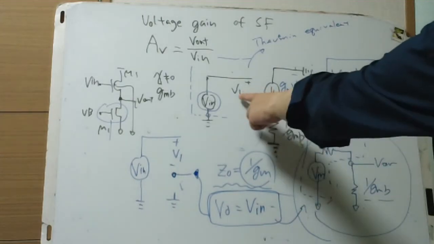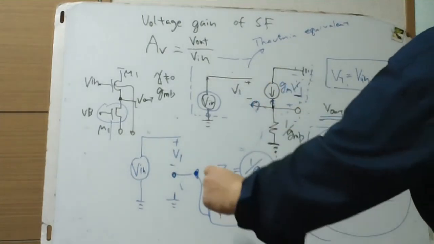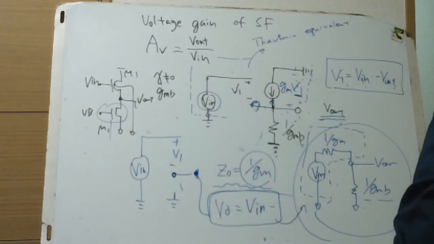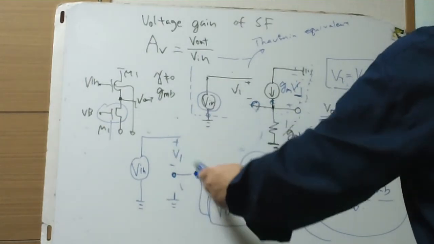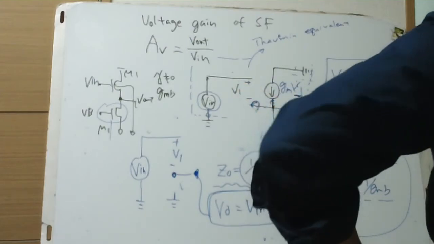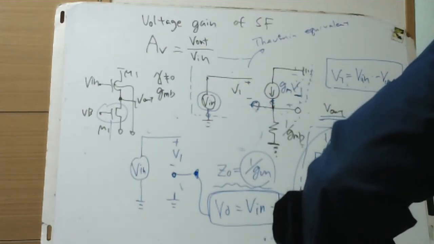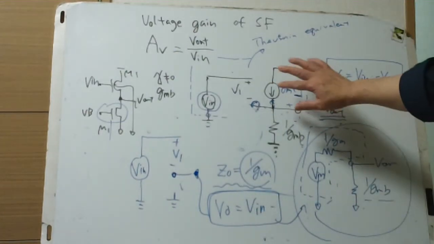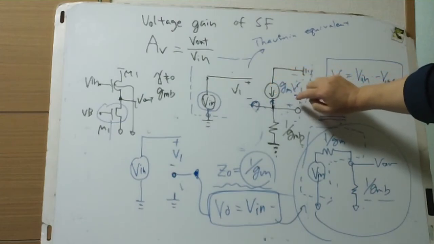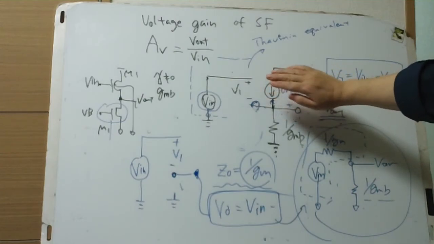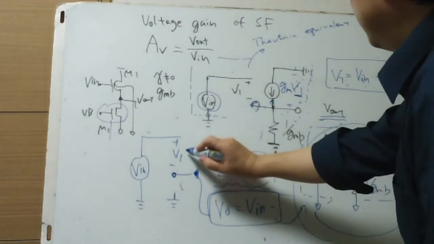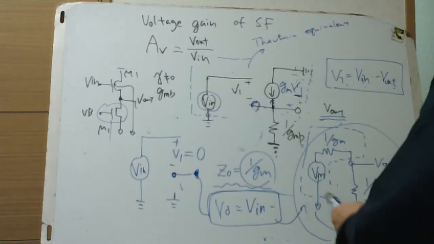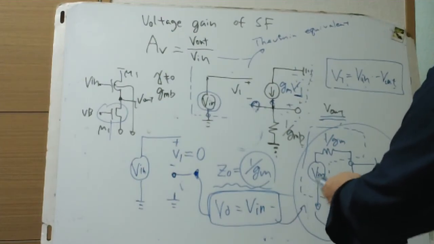Just leaving this abstract voltage doesn't make a correct equivalent circuit, because this is a control voltage and arbitrary one, and when there's no current this is opened, which is equivalent to V1 equals 0, so we need this V1 equal to 0 to get the correct voltage source for the Thevenin equivalent of this part.